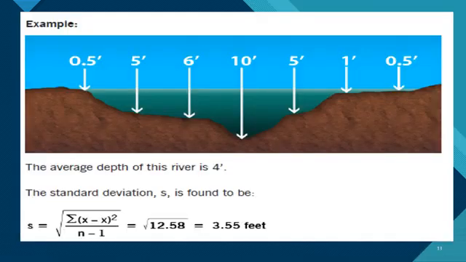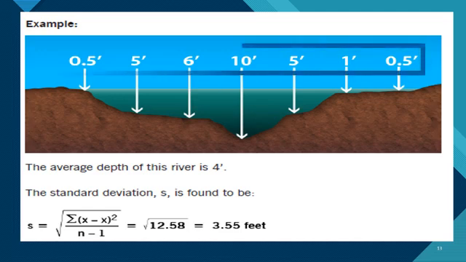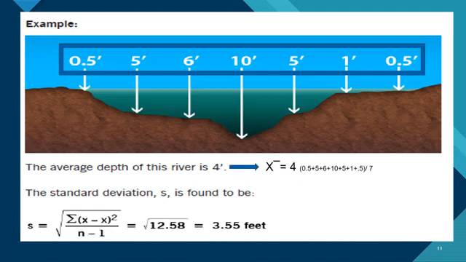Just to give a different perspective about standard deviation, in this picture, we are given the different depths at different locations of a river. So we have all these numbers: 0.5 depth, 6, 10, 5, 8. The first thing we need to do when we compute the standard deviation is to find the mean, because we need the mean for the variance. The mean for this is 4.